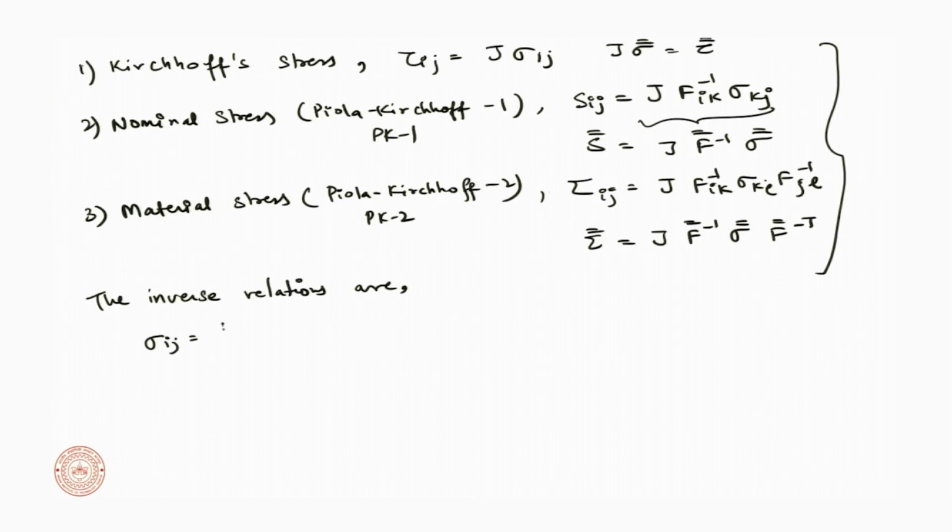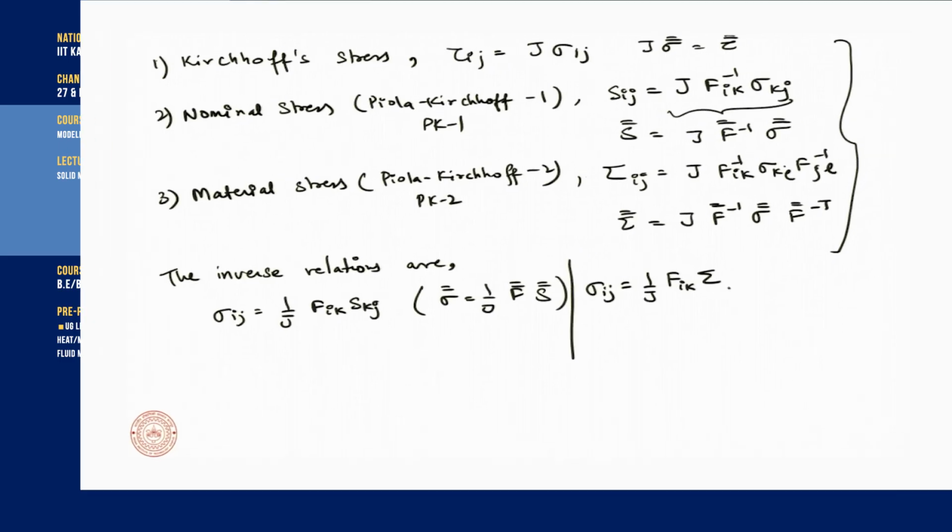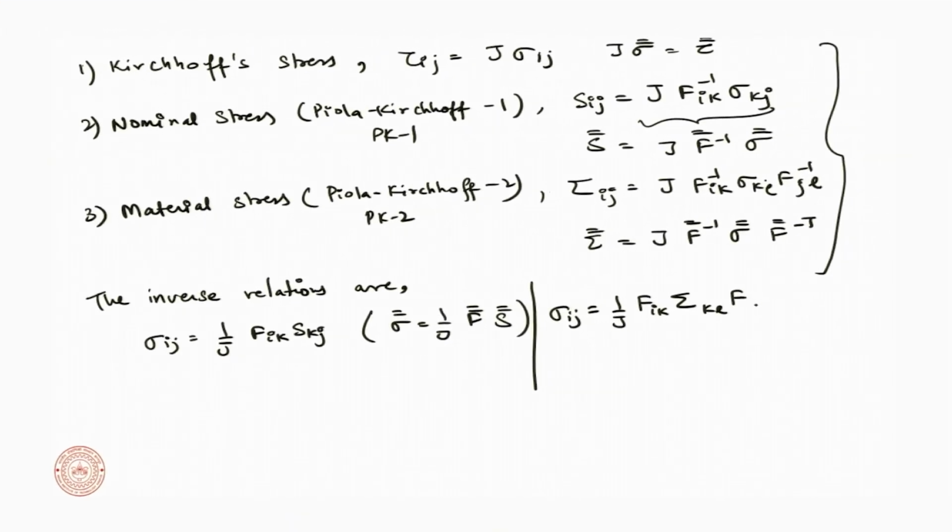Sigma ij is equal to 1 by J F of ik S of kj, which is sigma equals 1 by J F S, and then sigma ij is equal to 1 by J F of ik sigma of kl F of jl, which in other terms sigma is equal to 1 by J F sigma F transpose.